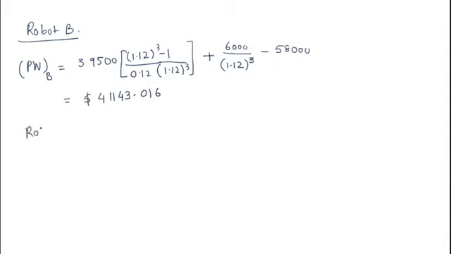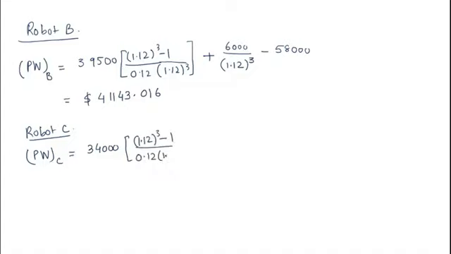Similarly for robo C, if I write down the expression of present worth for robo C, this will be 34,000 times 1.12 to the power 3 minus 1 upon 0.12 times 1.12 to the power 3.